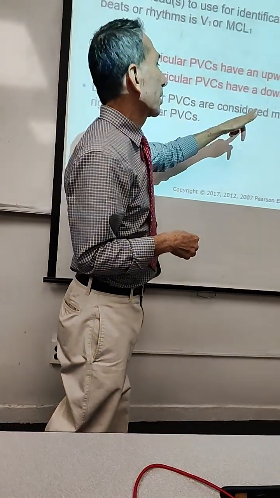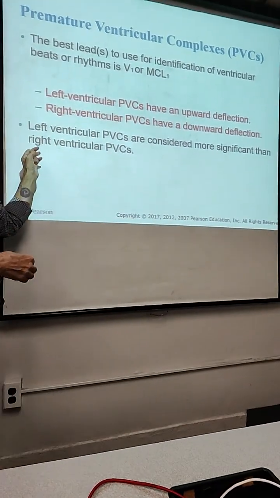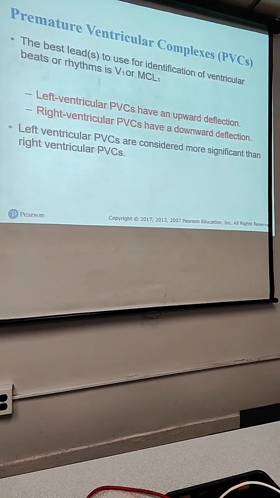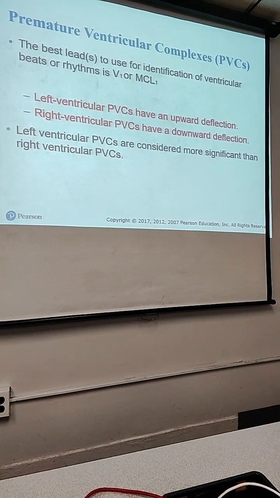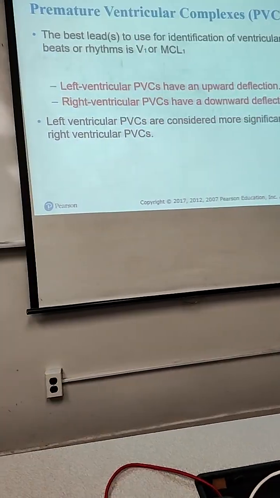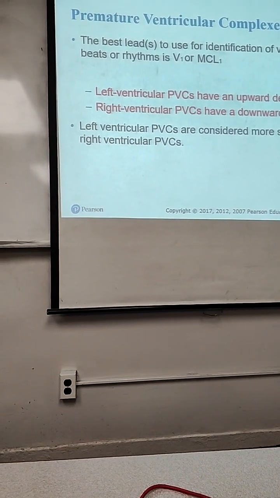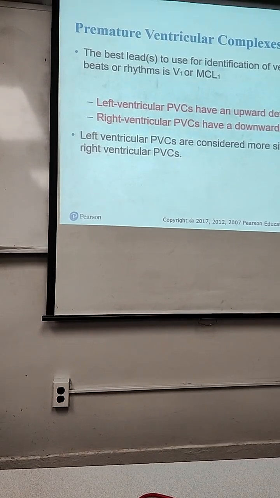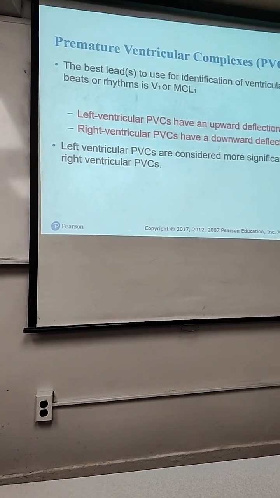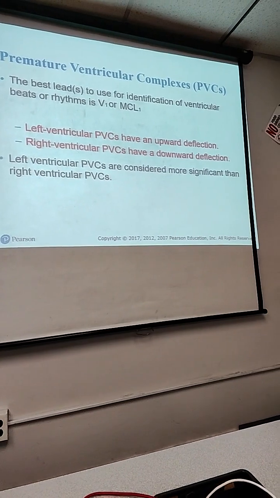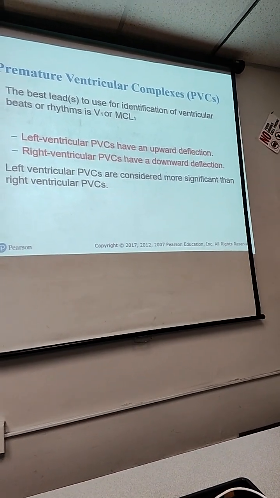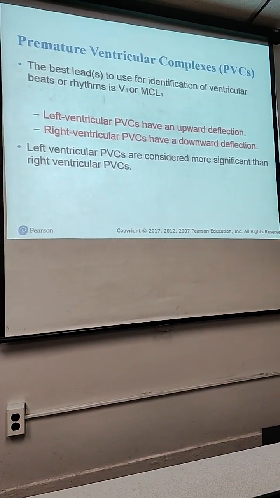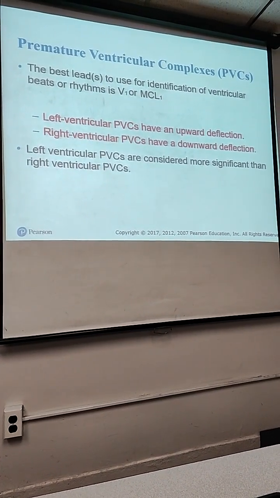Left ventricular PVCs are considered more significant than right ventricular PVCs. When the patient has problems with the left heart, the patient tends to get worse, more complicated, tends to die faster, versus if it is the right side.